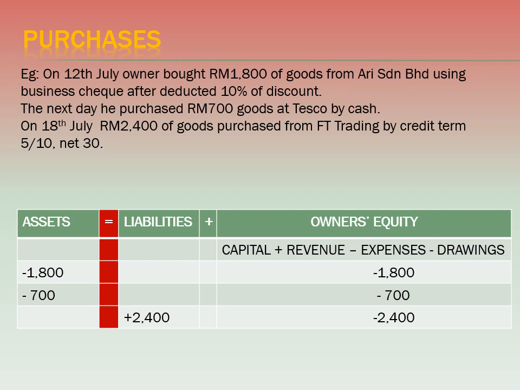So you will deduct 1,800 ringgit in the expenses column because the 1,800 ringgit actually reduced the owner's equity. The 1,800 ringgit actually is being recorded in the purchases account. So purchases is classified as expenses.